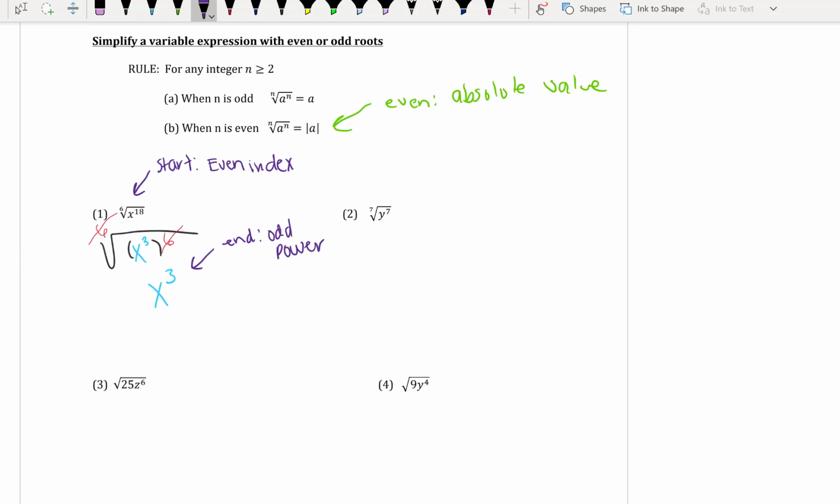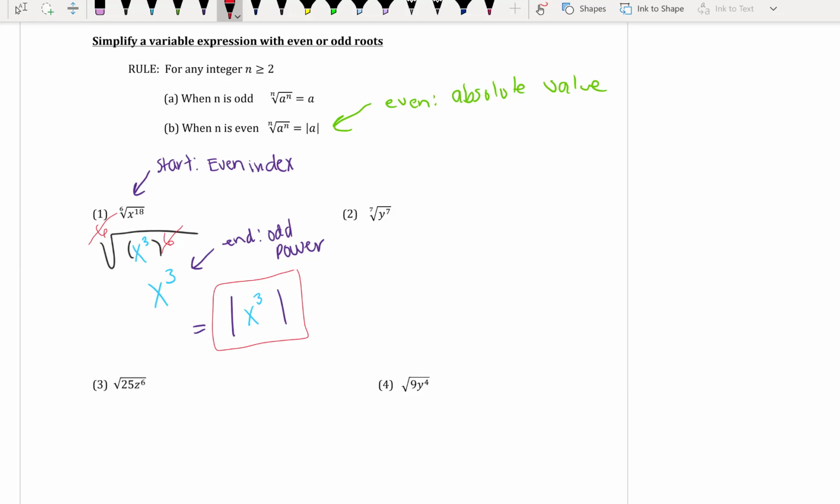So because we end with an odd power, we have to remember that this is really going to equal the absolute value of x to the third power, okay? Because let's say it was -1. -1 times -1 times -1 is very different than 1 times 1 times 1. So if you start with an even and end with an odd, then you need that absolute value, okay?